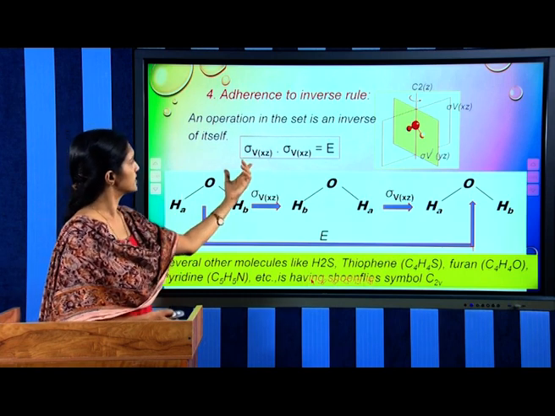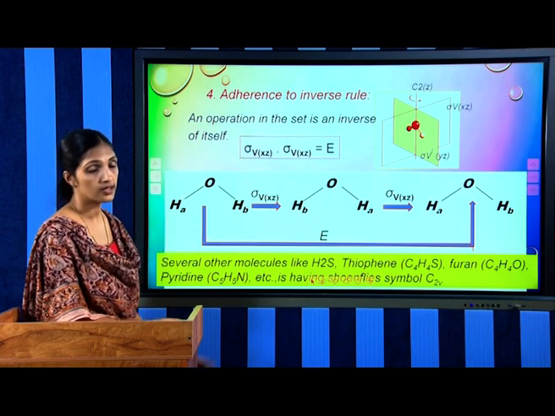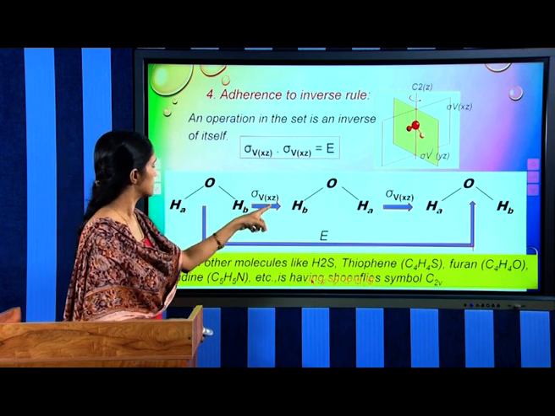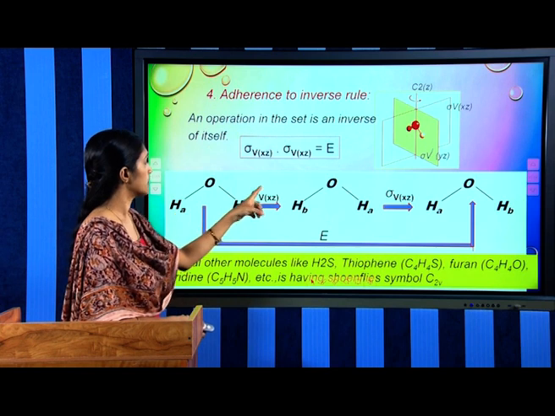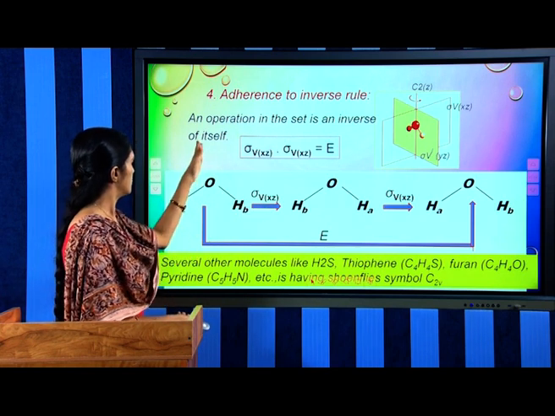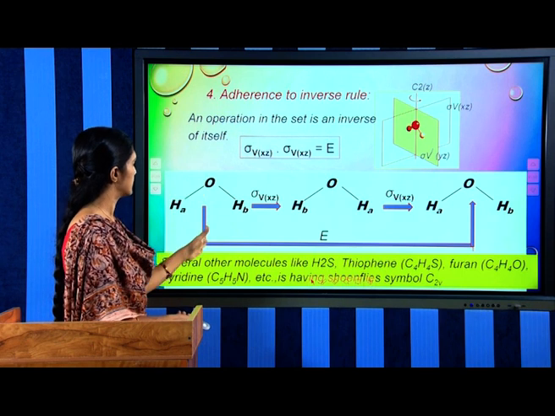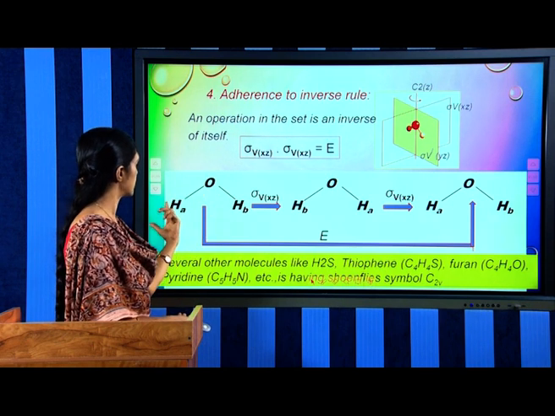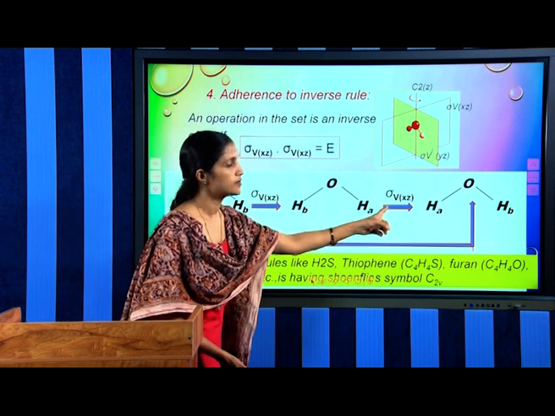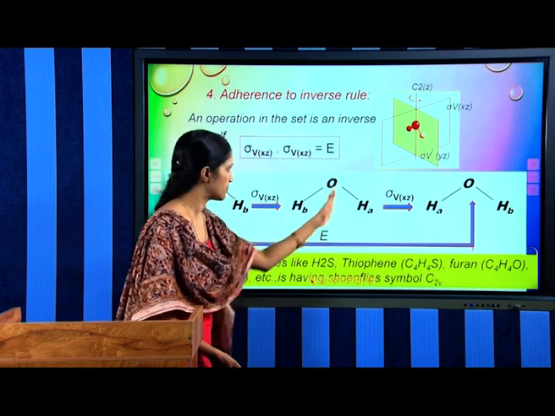So, here we are taking sigma v xz, which is the plane bisecting the molecule. Here we have to perform sigma v xz, so that the molecule is bisected by this plane, so that HB goes to the place of HA and vice versa. This will be the result. Again sigma v xz, then again what happens?